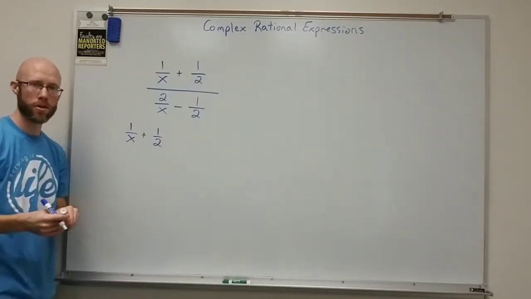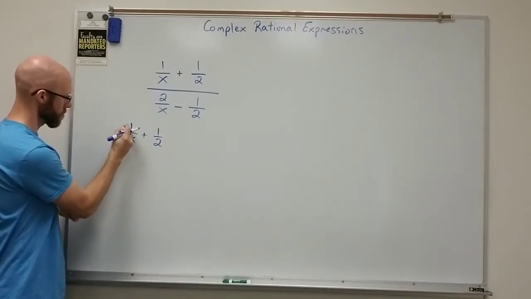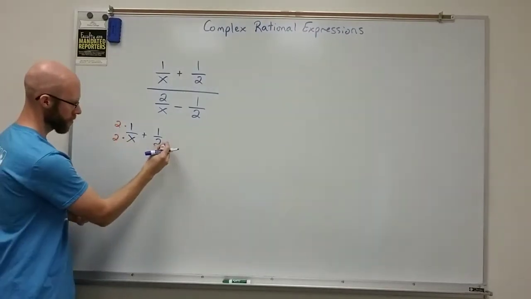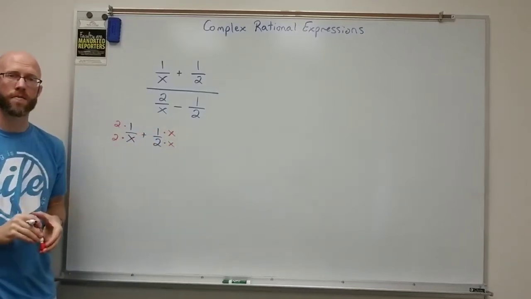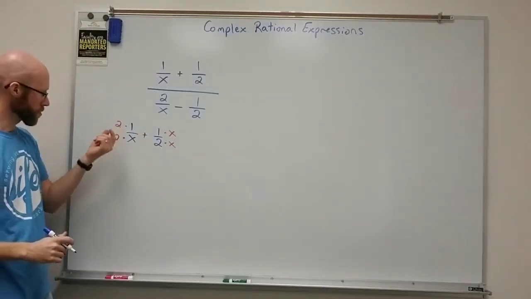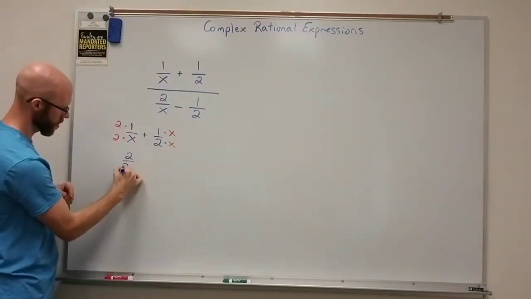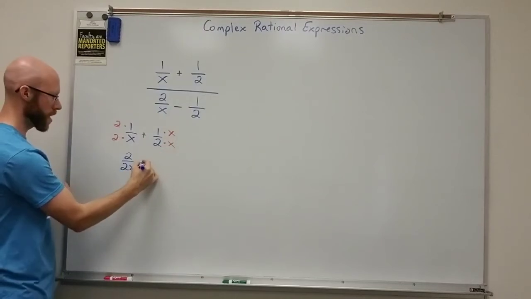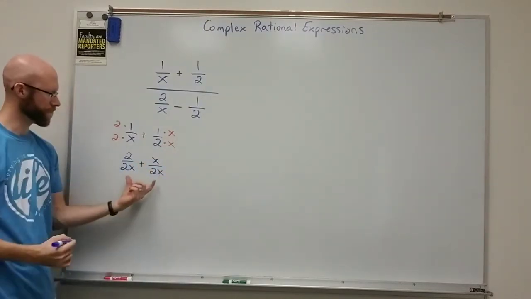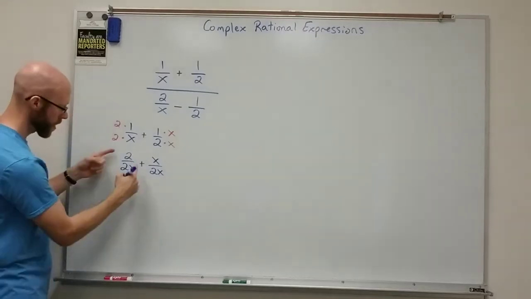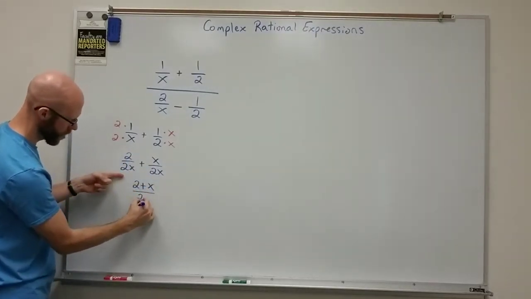And so I'm going to multiply by the missing factors. In the first fraction, I need to multiply by a 2. And in the second fraction, I need to multiply by the missing x. Then I multiply together, I get 2/2x, and here I get x over 2x. And when I combine them, I get 2 plus x over 2x.